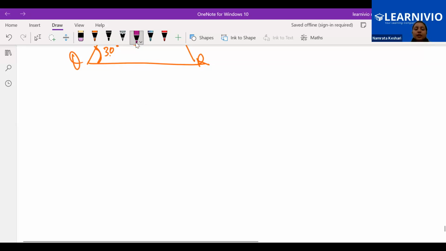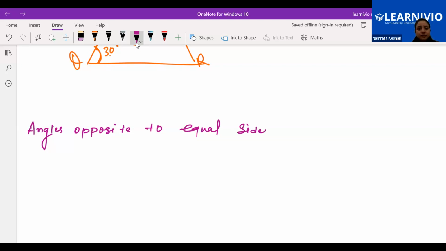With the help of the concept of congruency, which we have already learned, we will be proving that angles opposite to equal sides of an isosceles triangle are equal.